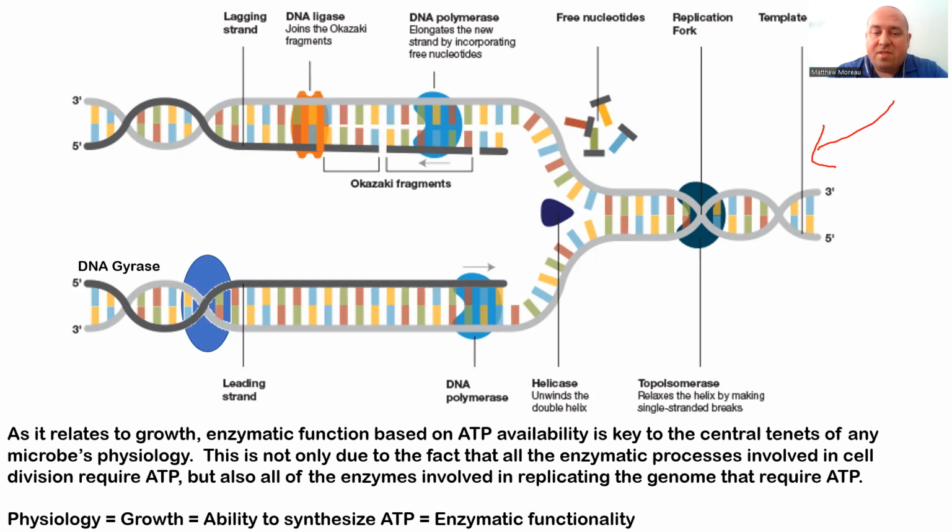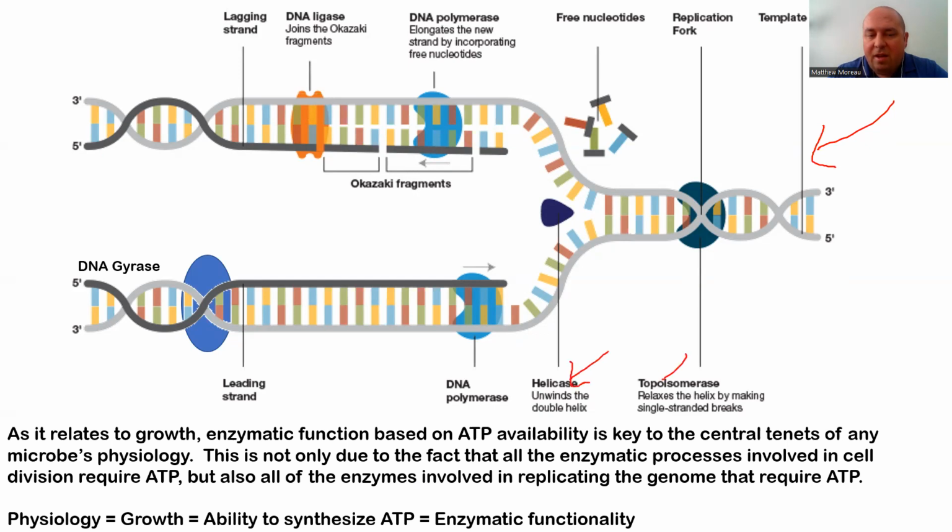So here's kind of a schematic of DNA replication. We're going to cover this in genetics, so I'm not going to spend a ton of time on this, but this is just to show you that when I tell you that this is an energetically difficult process, I mean that because look how many enzymes we have here.